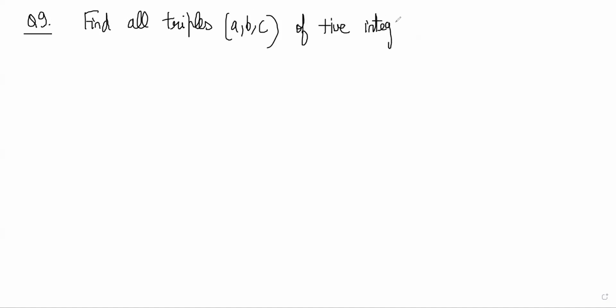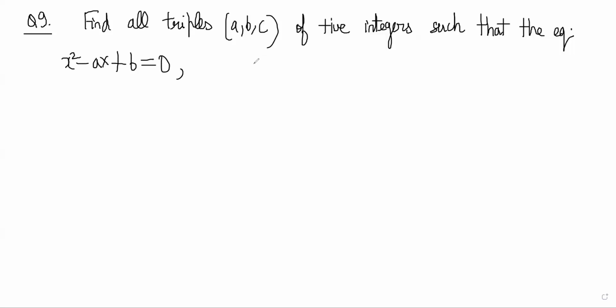This says find all triples a, b, and c of positive integers such that the equations x square minus ax plus b, x square minus bx plus c equals 0, and x square minus cx plus a equals 0 have integer roots.